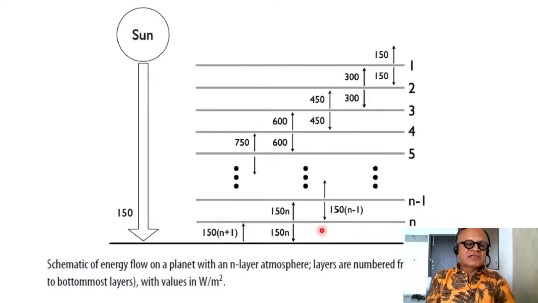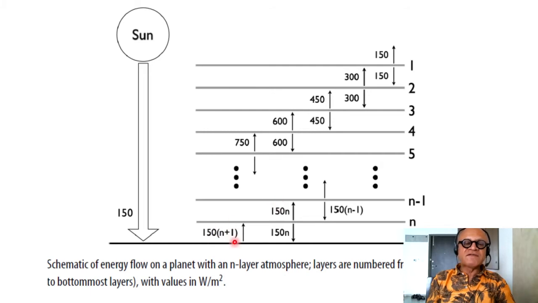But we can extend this idea here: schematic energy flow on a planet with an n layer atmosphere. Layers are numbered 1 to n with values in watts per meter squared. So we can take just 150 watts per meter squared coming in here, and we have to emit 150 here. So we can see that as there are n number of layers, the energy bounced around is going to change proportionately.